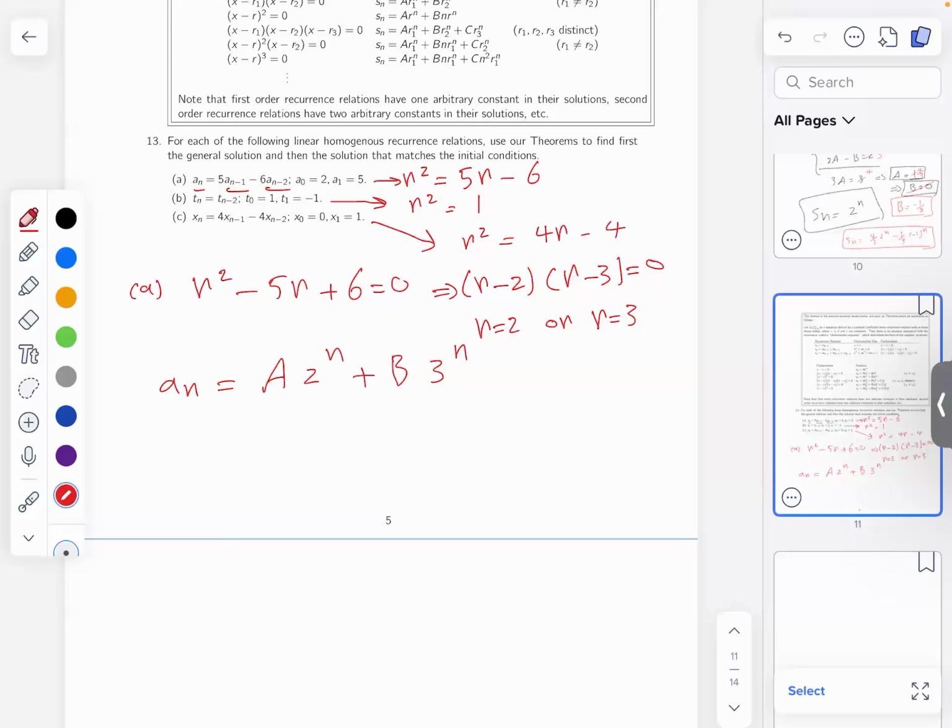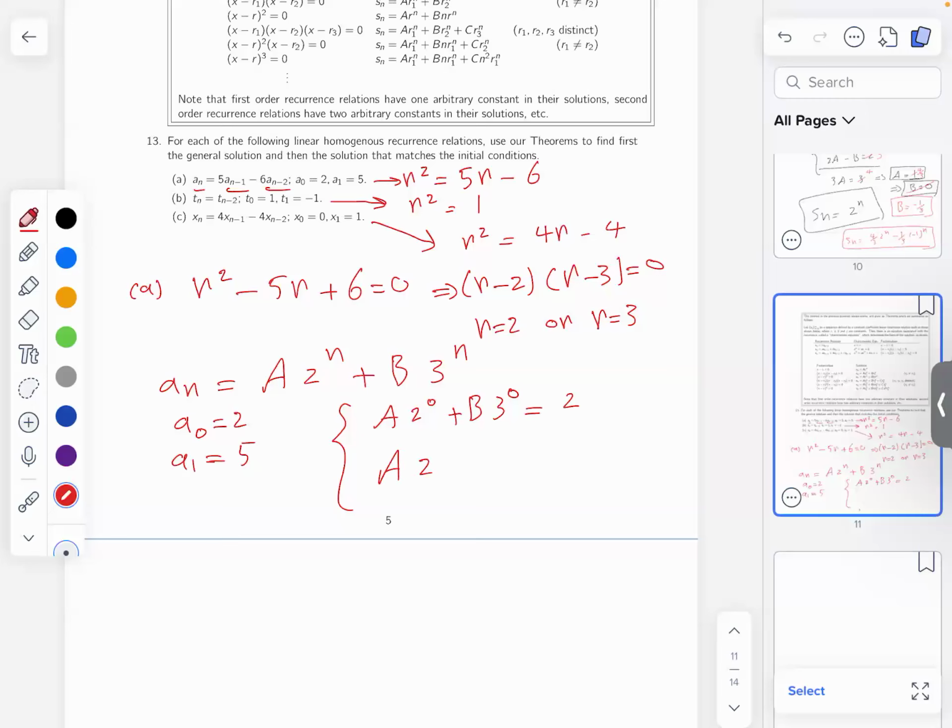What's the initial condition? a0 equals 2, a1 equals 5. So let's apply n equals 0 to this and n equals 1 with this. A times 2 power 0 is 1, plus B times 3 power 0 equals 2.